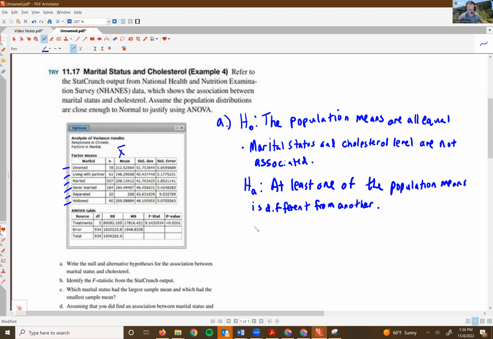In terms of our scenario, marital status and cholesterol level are associated.